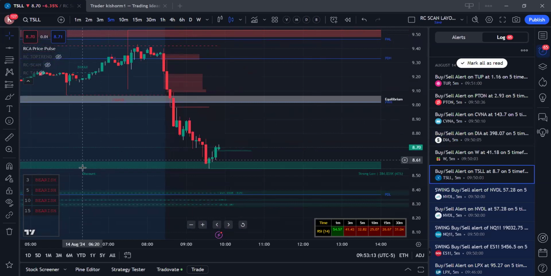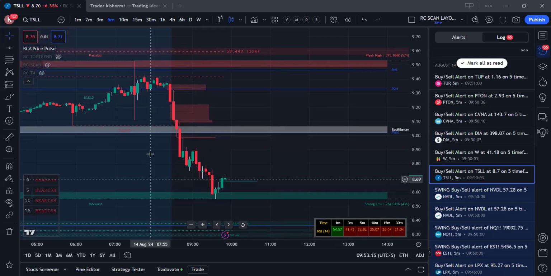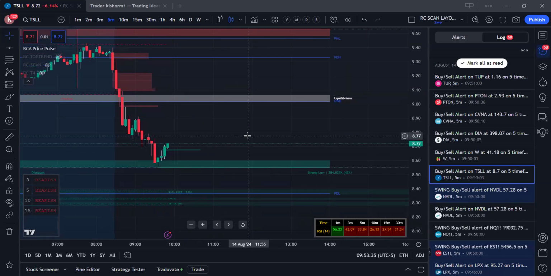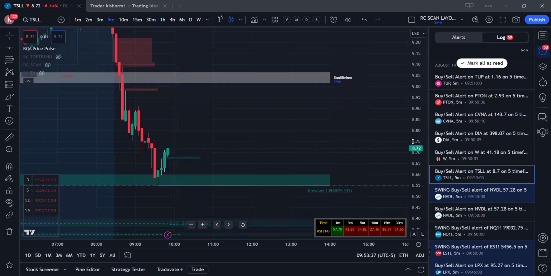Right, it came to the discount area. It started dropping from the premium, came all the way to the bottom, started bouncing, but still we don't see a strong bullishness. So better we wait for some more time. If it comes here, that is the best time. It is a little risky trade.